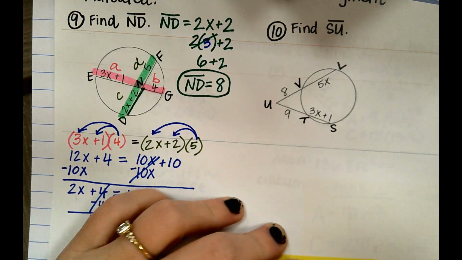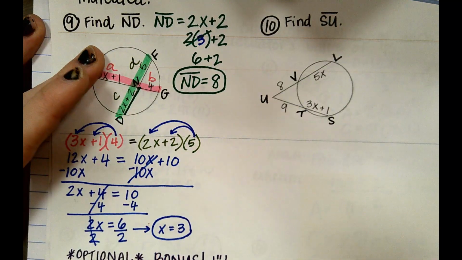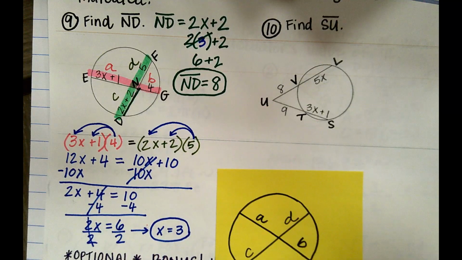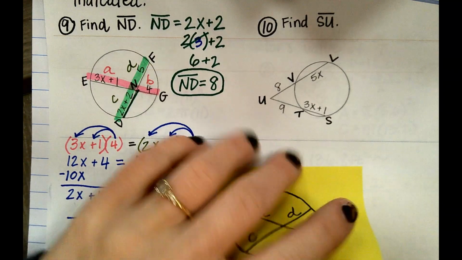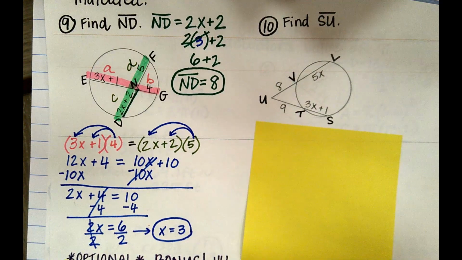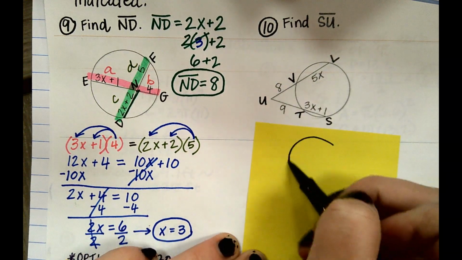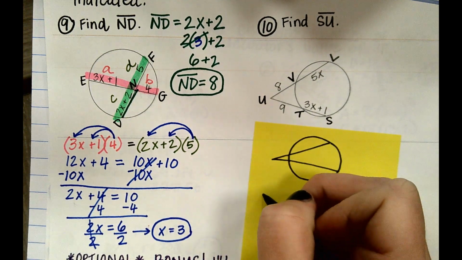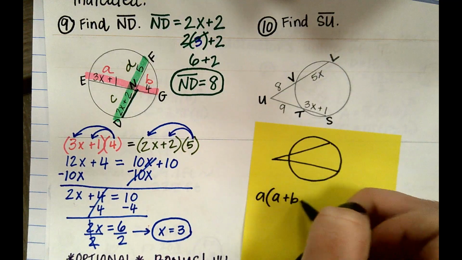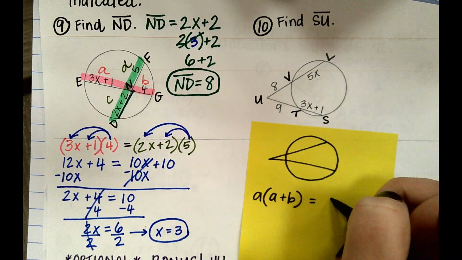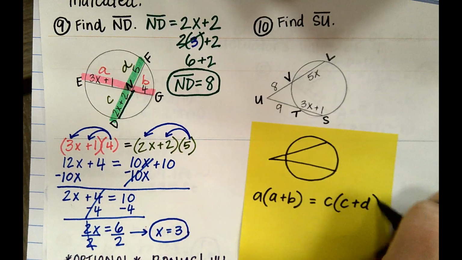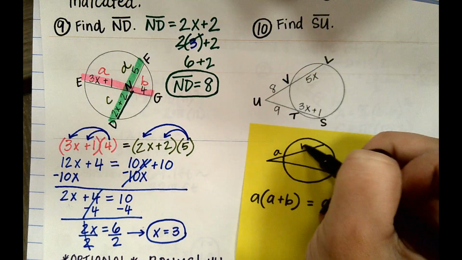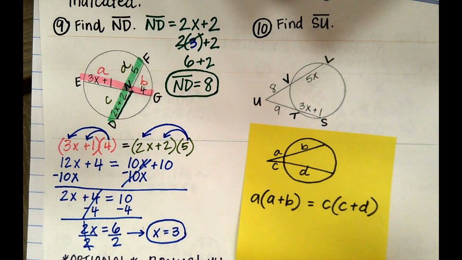So when that is the case, I am going to write that formula out. It's A times, let me get another sticky note here. A times A plus B equals C times C plus D. And same thing where A and B are on the same line, C and D are on the same line.